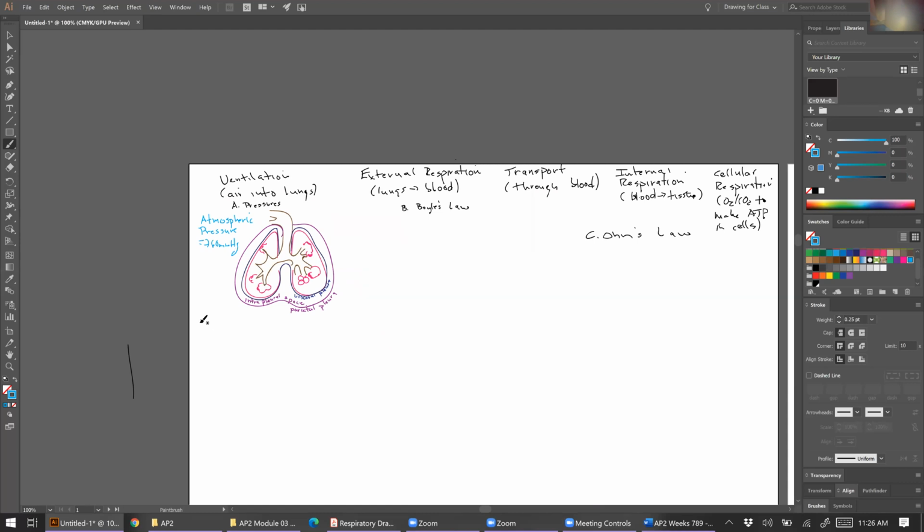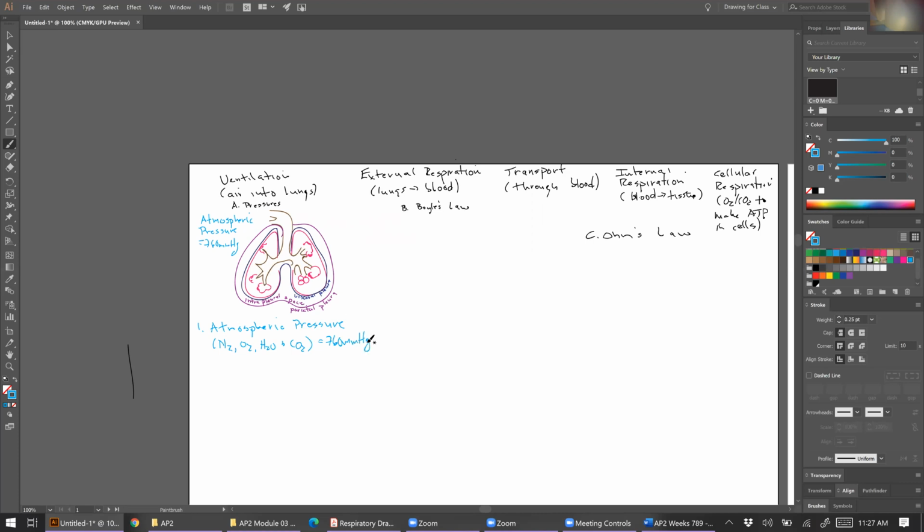So our first pressure is atmospheric pressure. And we'll break down in the next drawing where that comes from. Most of it's nitrogen, but it's also oxygen, water, and CO2. And again, it equals 760 millimeters of mercury.